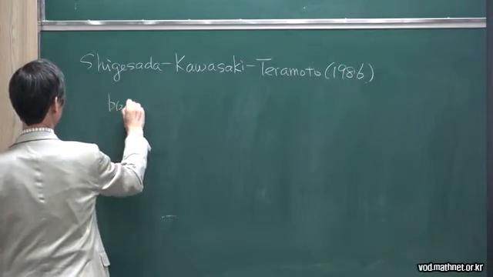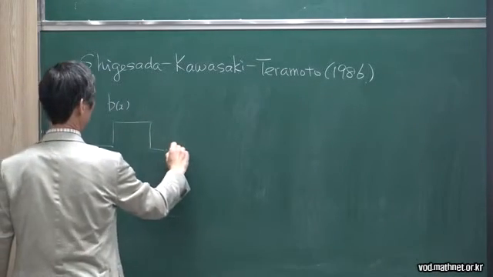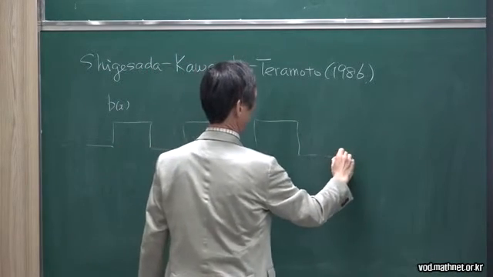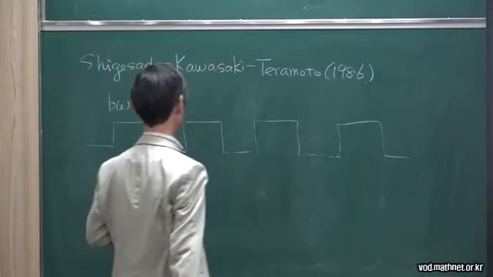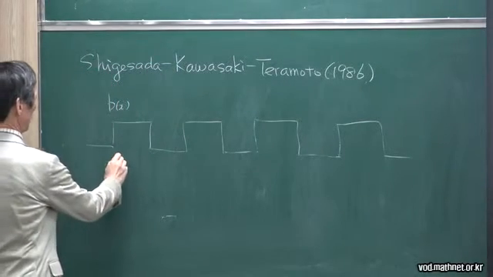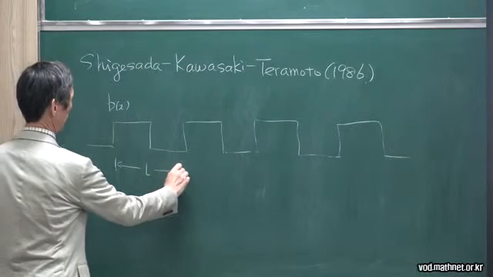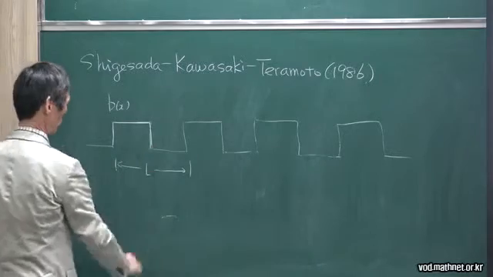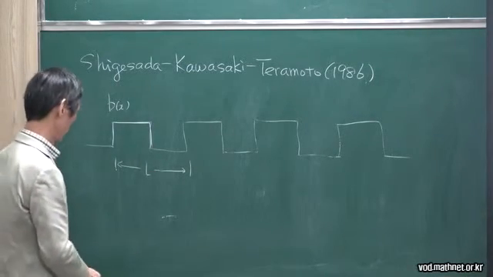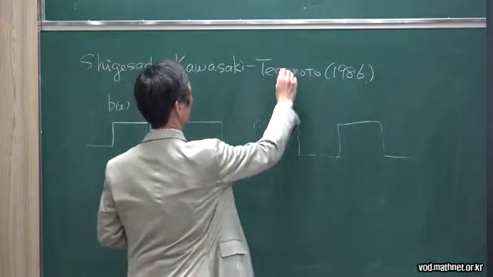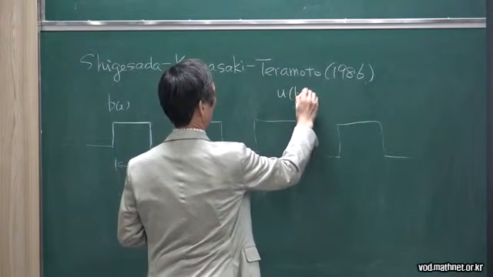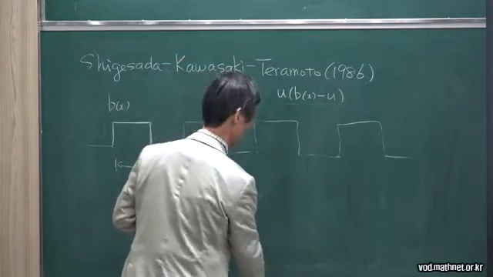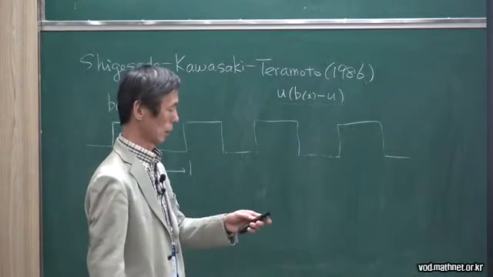In their case, B of X is a periodic sequence of step functions. In their case, F is a bit different, but the analysis is completely the same.